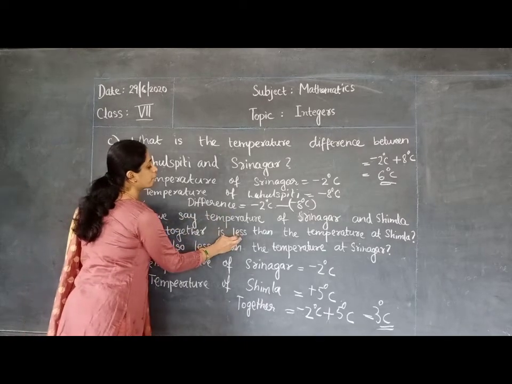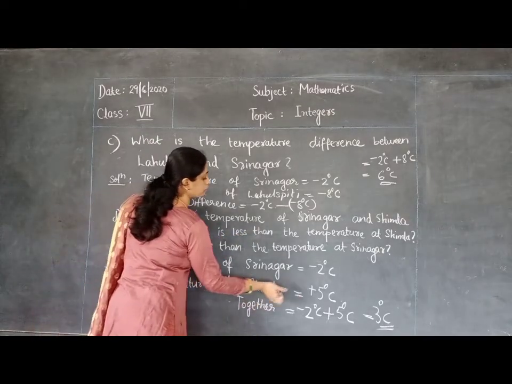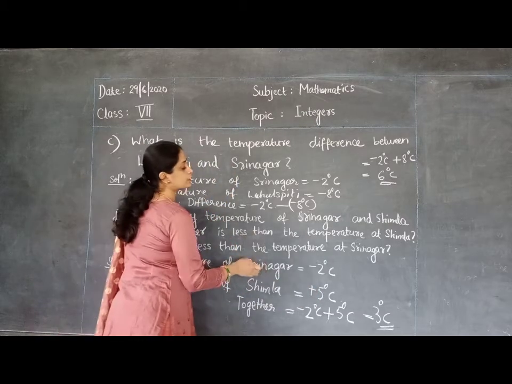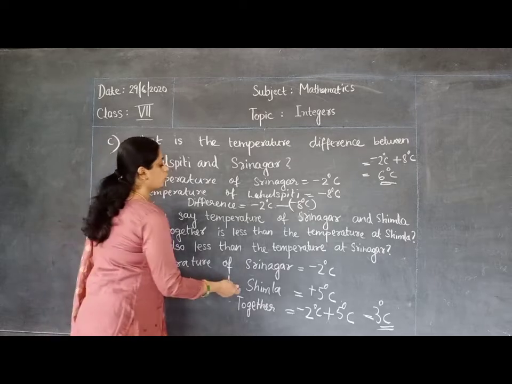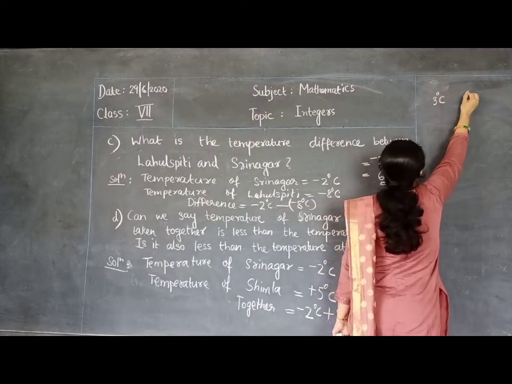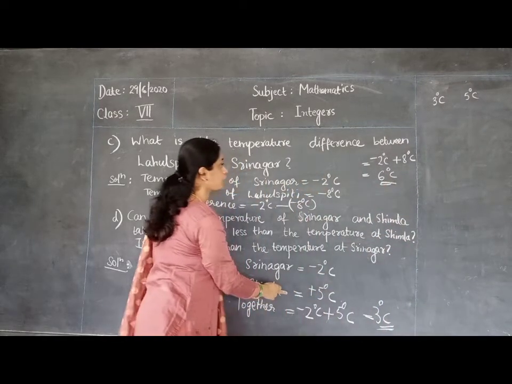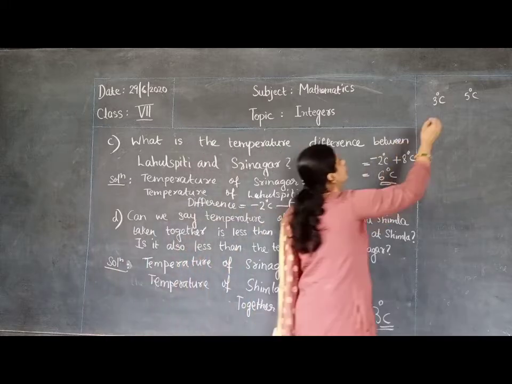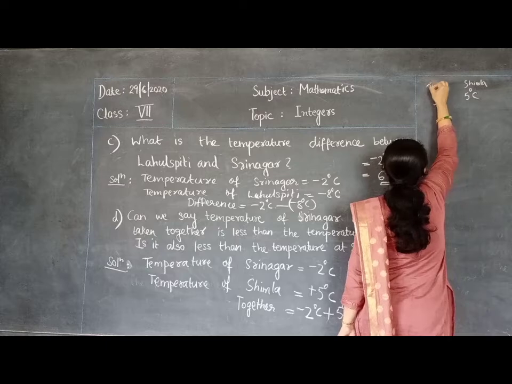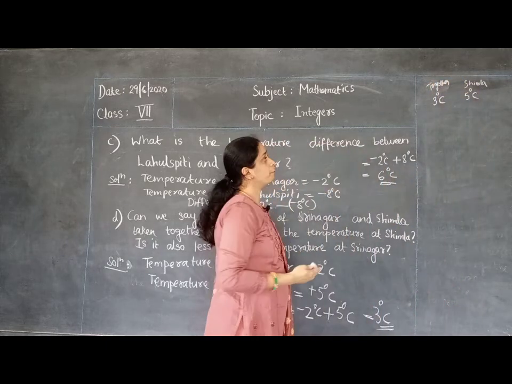Now you have to compare this with the temperature of Simla. Here I have written the temperature of Simla, that is plus 5 degree Celsius. Is it less or greater they have asked? So together it is 3 degree Celsius and temperature of Simla is 5 degree Celsius. This is taken together. Both are positive. So you have to compare.